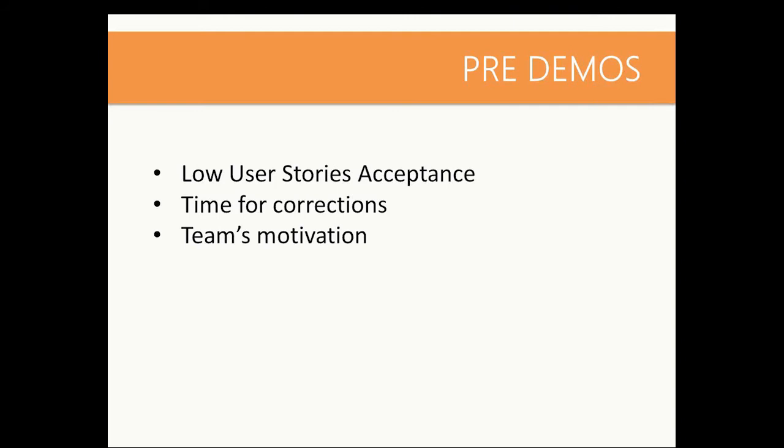It will be the same thing as the demo, but in an informal occasion, and that will give you time to make some corrections and get a better understanding, even if, let's say, the user story says something and a developer might have misunderstood the acceptance criteria. That will give you some time gap in order to fix and test that user story.